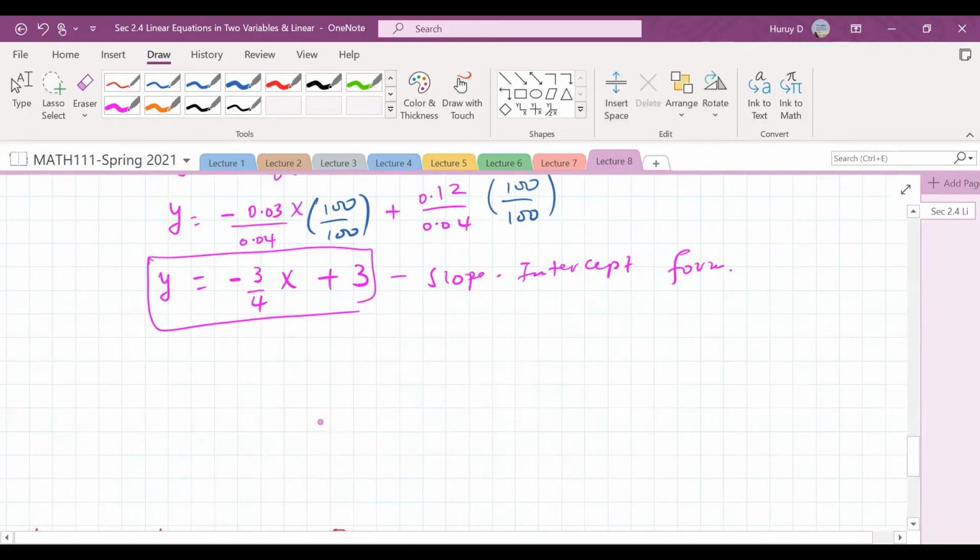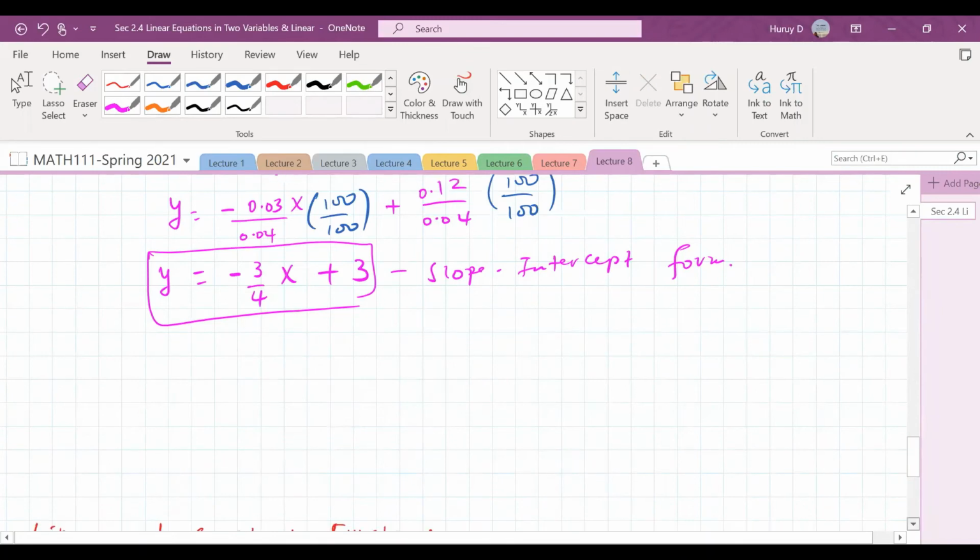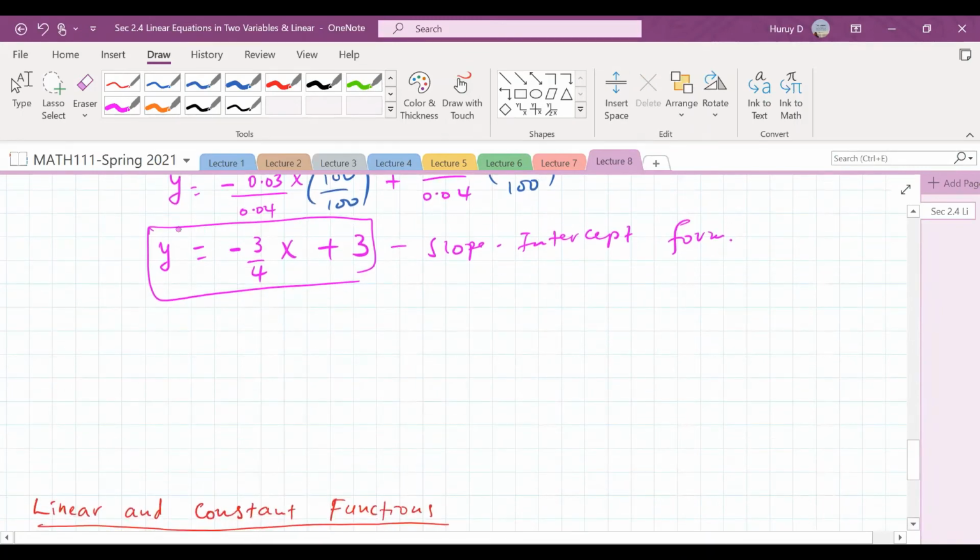Now the next question is, what is the slope of this line? From here, m is just this number, including the sign in front of it. So this is negative 3 over 4. And the y-intercept is, now here we have 3, right?